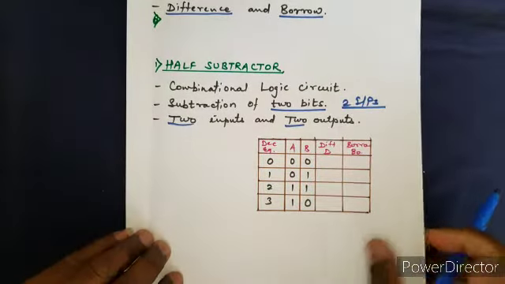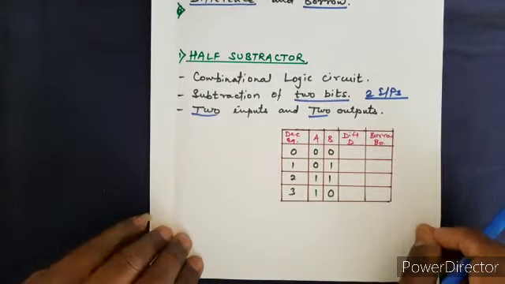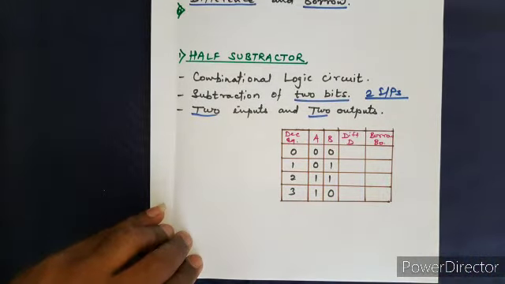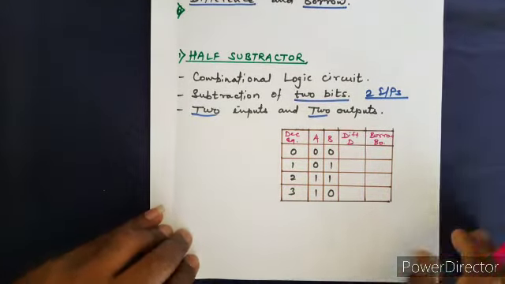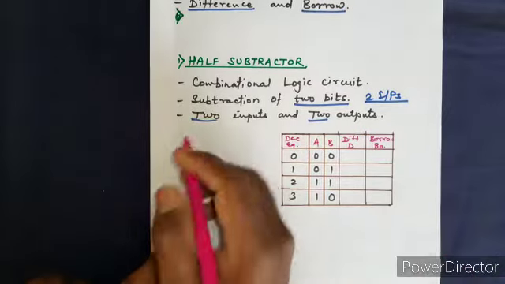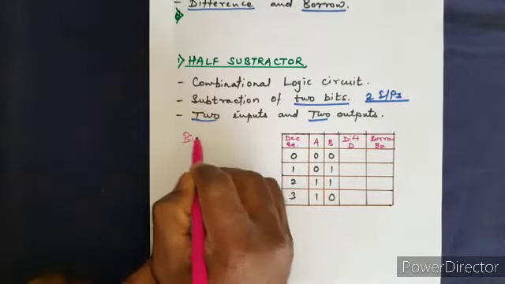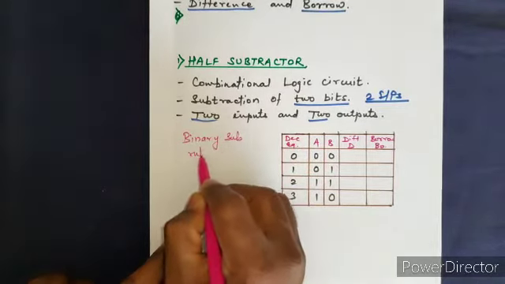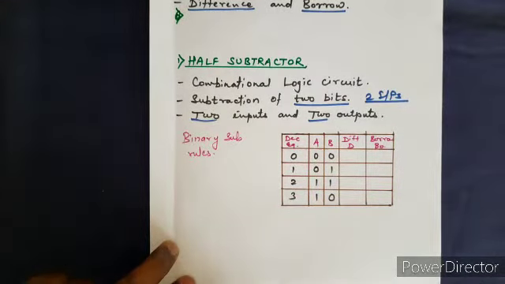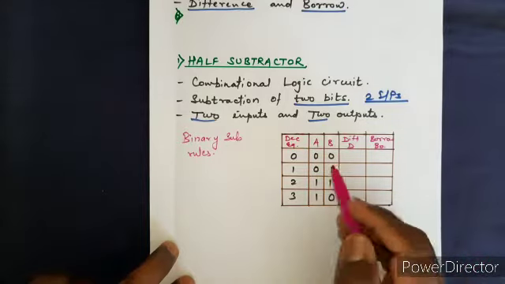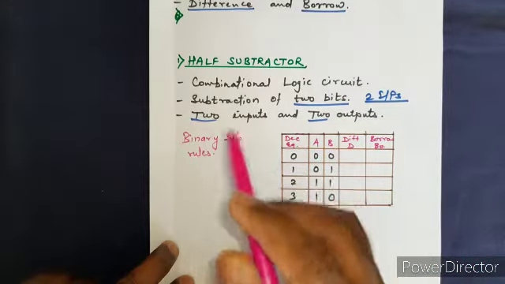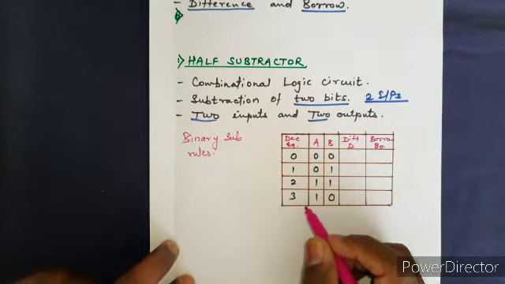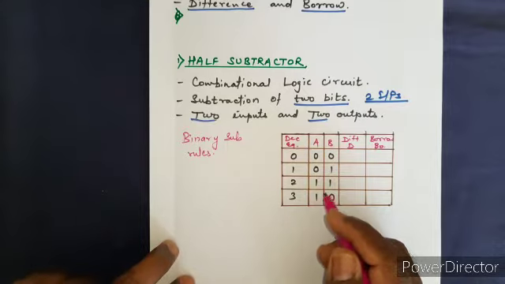Now, as we have seen for the adder, for the subtractor also we need to recall the binary subtraction rules. The same rules we are going to use for both the half subtractor as well as the full subtractor.